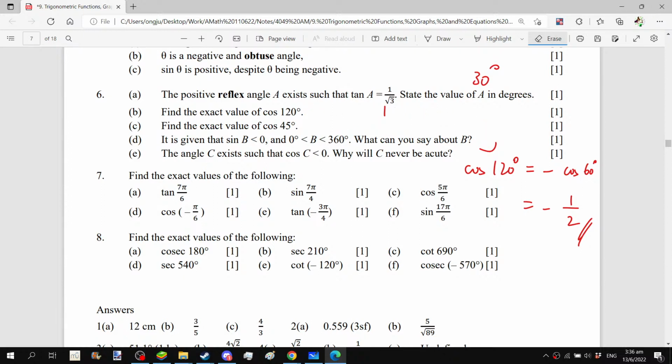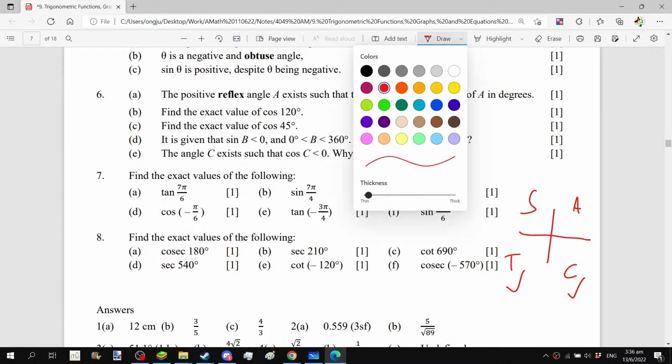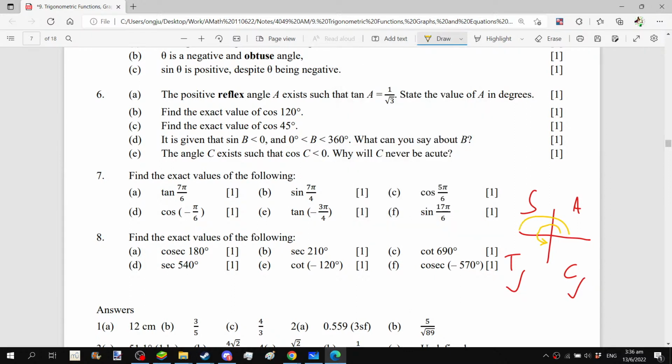Next question asks to find the exact value of cosine 45. That is simply going to be a basic angle, so I will skip that problem. Next problem asks, it is given that sine B is less than 0, and B is between 0 and 360. So we know that sine giving a negative answer means that you're in the third or fourth quadrant, and B is between 0 and 360, which means that we can either have this or we can have that.